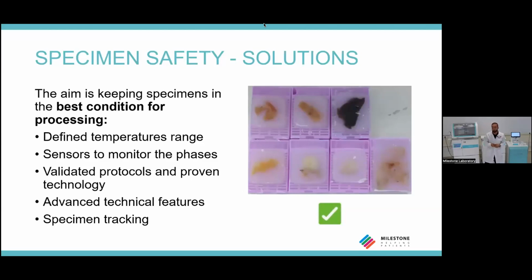Also, there could be specimen tracking in order to monitor the specimen during each step of processing. So all these points have the specific purpose of preserving sample safety. Now, I'm going to show those features in detail.